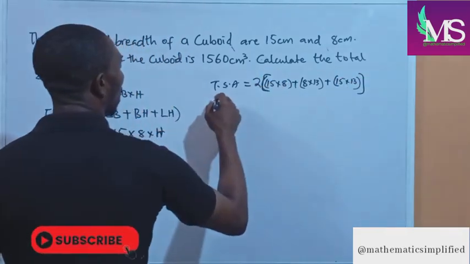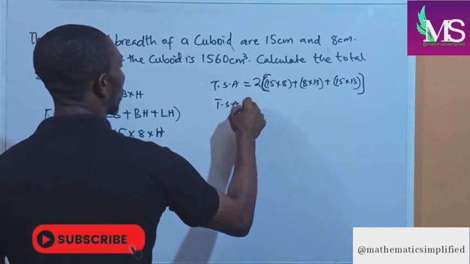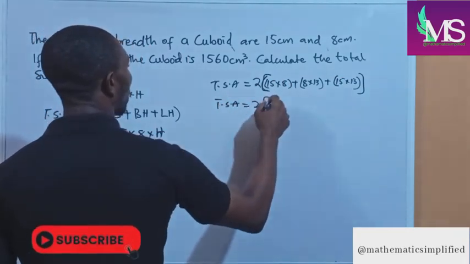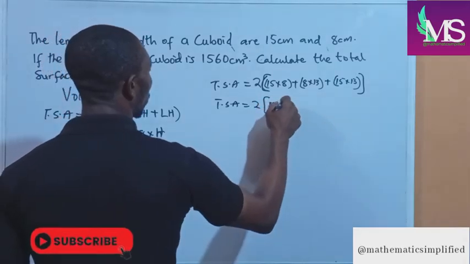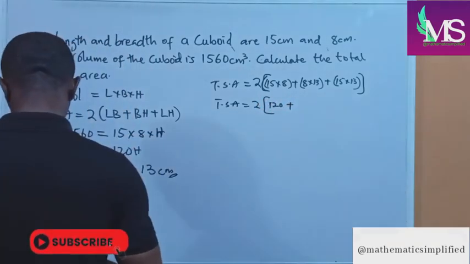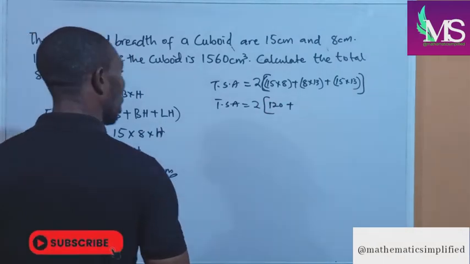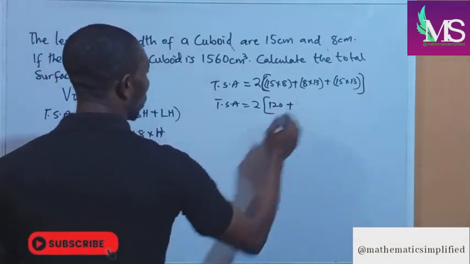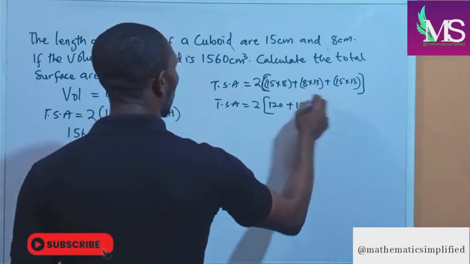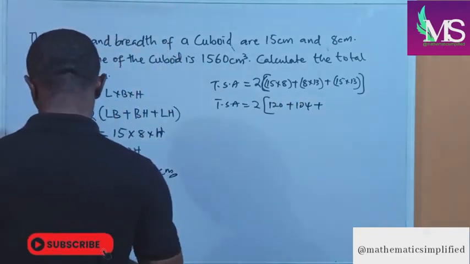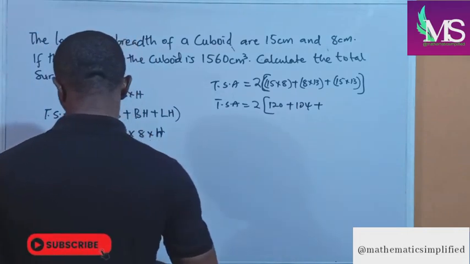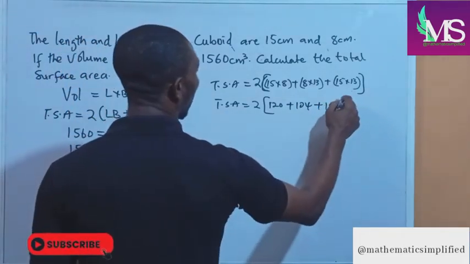Okay, now our TSA will give us 2 bracket 8 times 15 will give us 120 plus 13 times 8 will give us 104 plus 15 times 13 will give us 195.